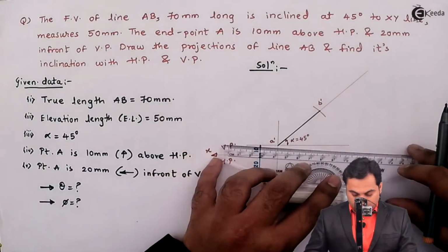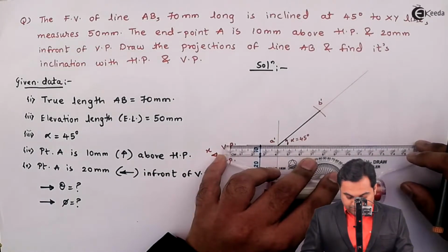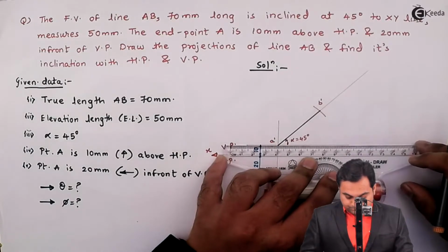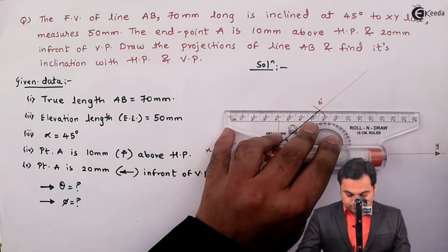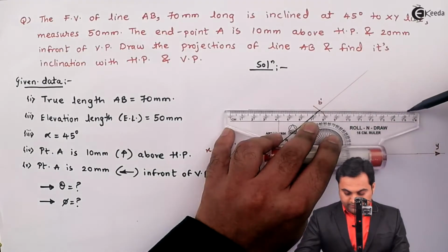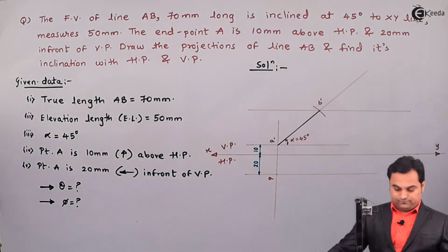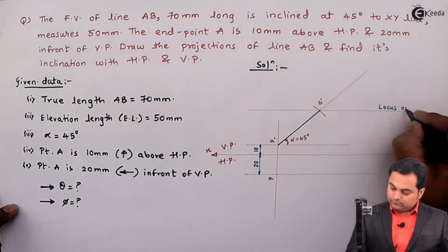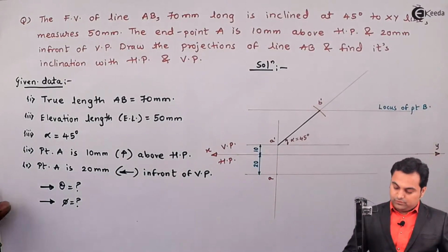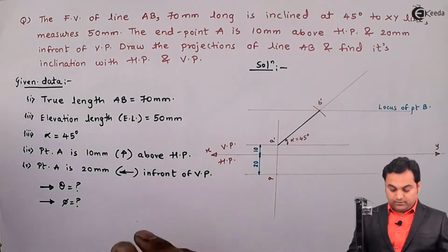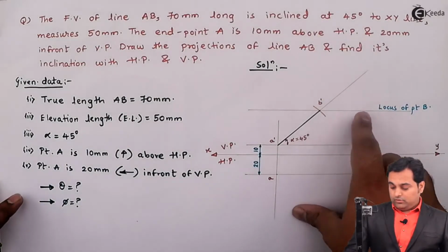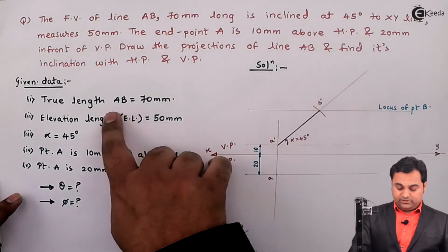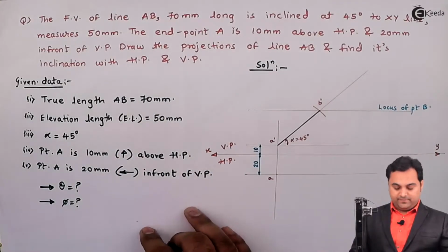Then from point B dash, I'll draw a light line. Locus of point B. Then over this locus, I'll get the true length, which is 70 mm.